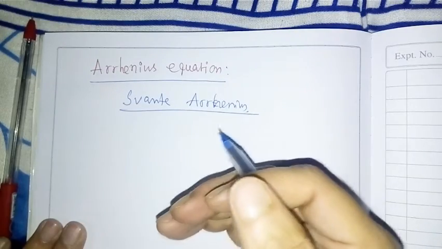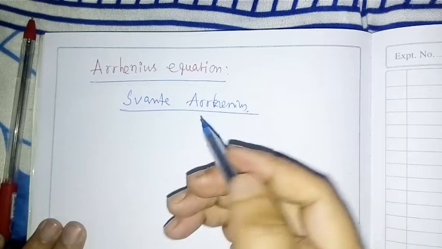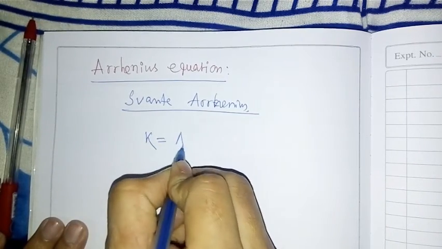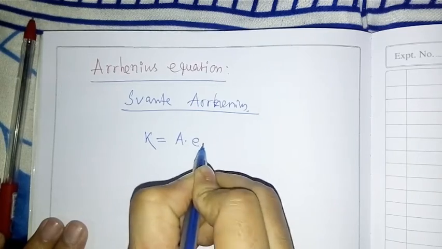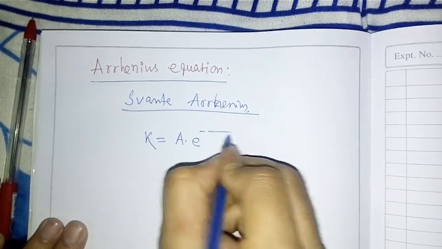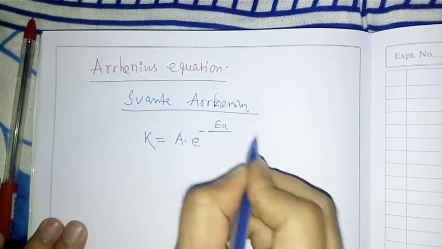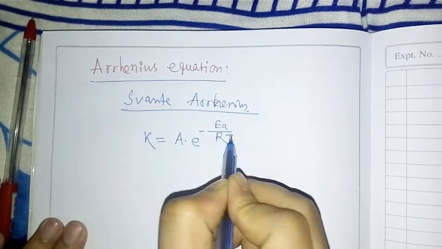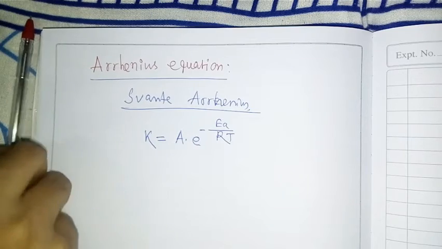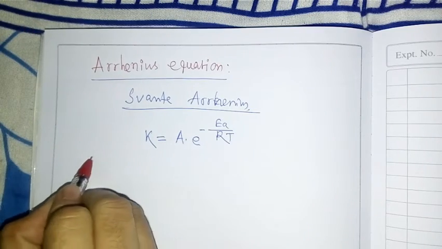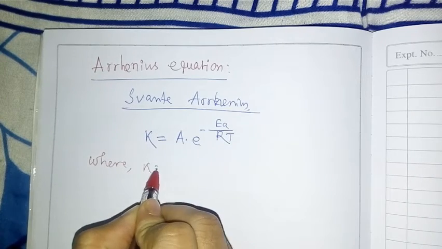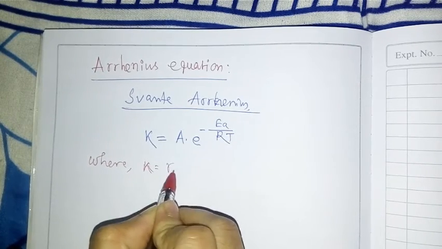So one relation or mathematical expression is k equal to A into e to the power minus Ea divided by RT. Okay, where k equal to rate constant.